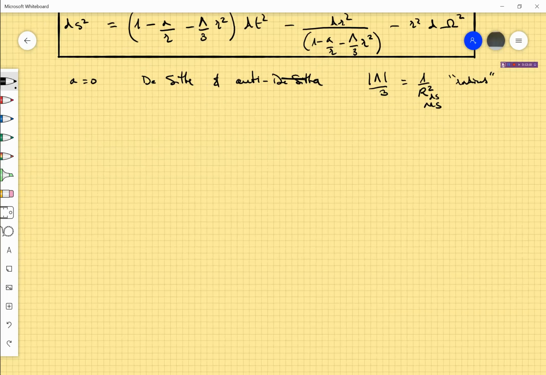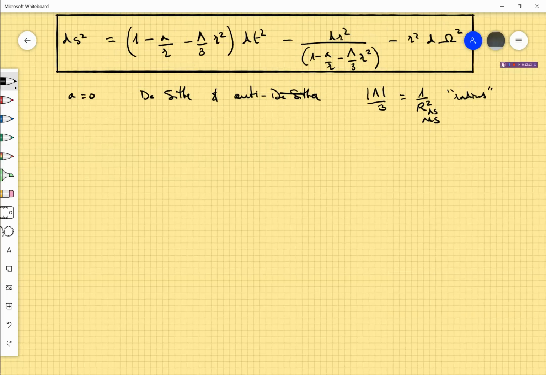On the other hand, you see that when lambda is equal to 0, this is just Schwarzschild. And the parameter a corresponds to 2GM, the Schwarzschild radius.